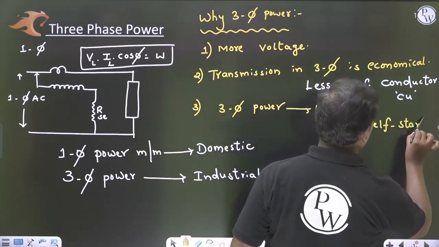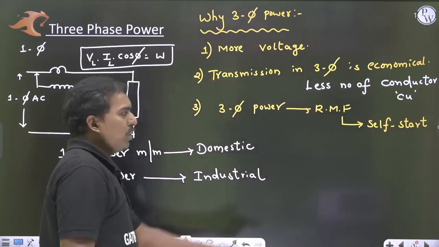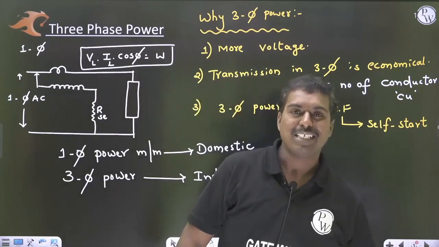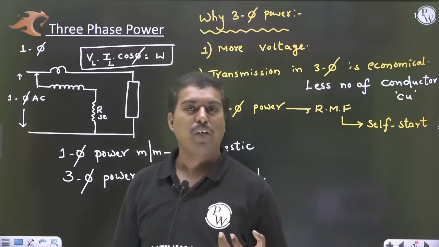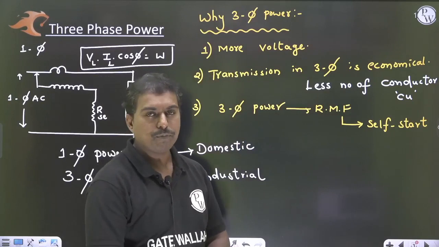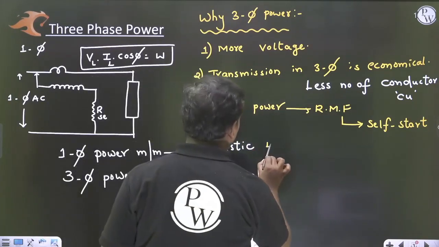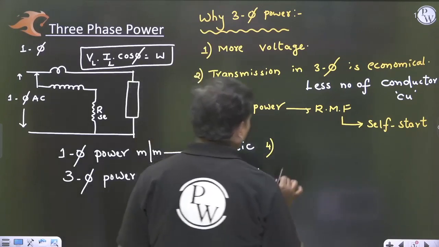But in single phase, we don't have that facility. In single phase, we don't have the rotational magnetic field concept, so that's why auto start is not possible. Next and most important point here is the DC curve.